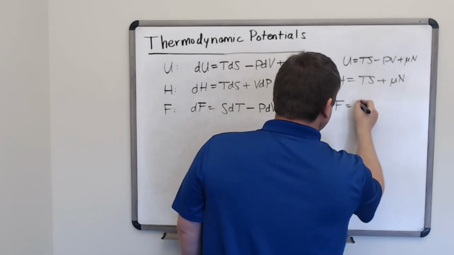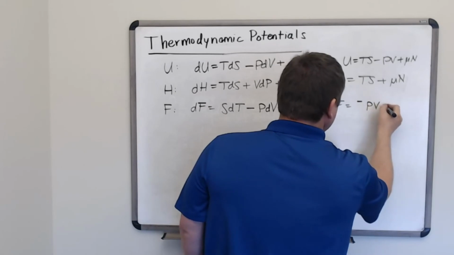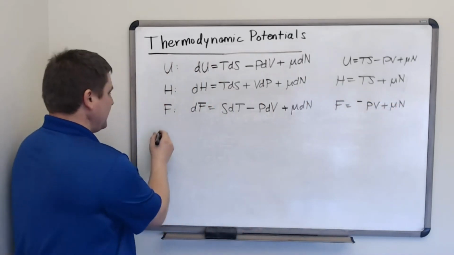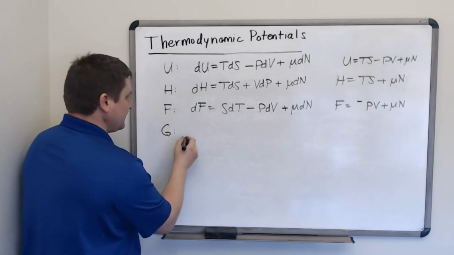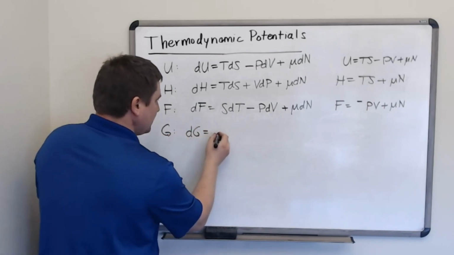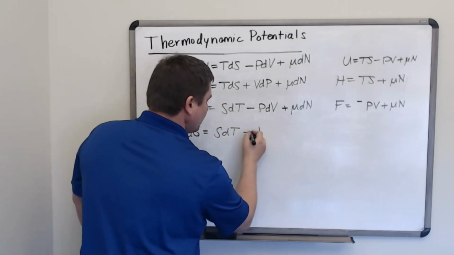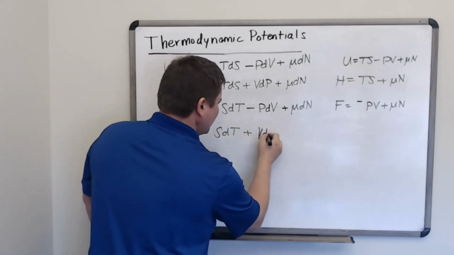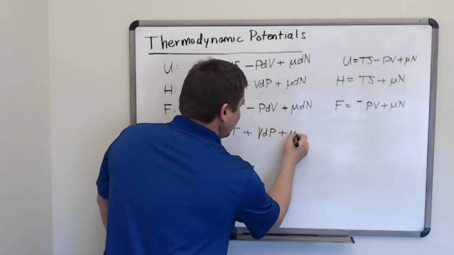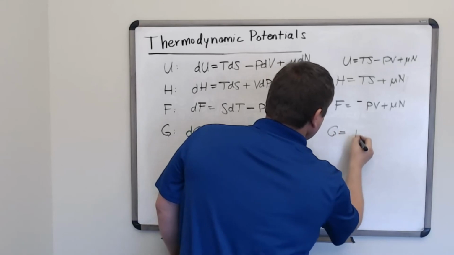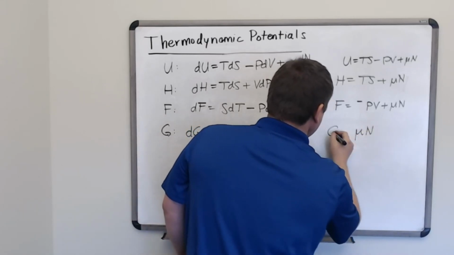Its Euler integral form is minus PV plus mu N. And finally, the Gibbs free energy changes totally to intensive variables except for particle number. And its Euler integral form is very simple, just mu N.